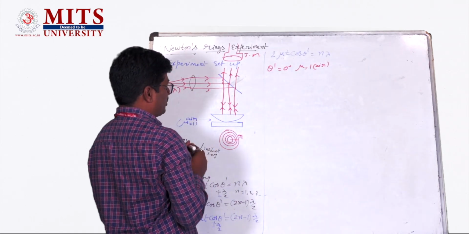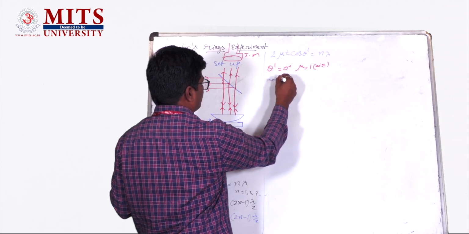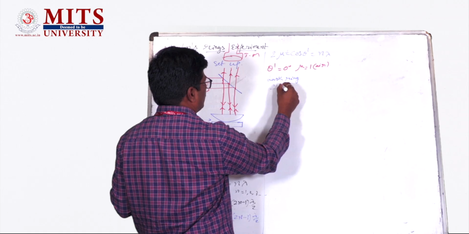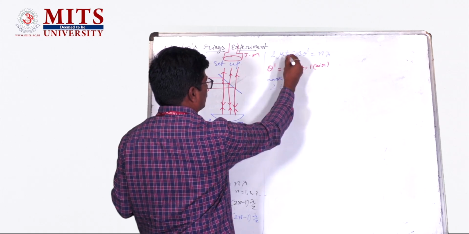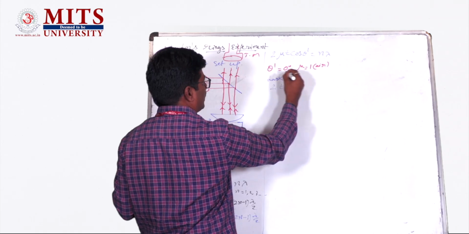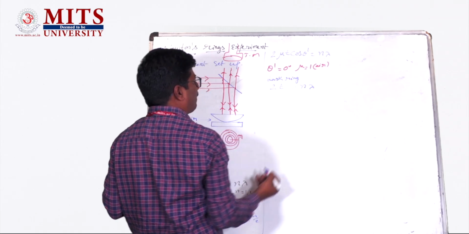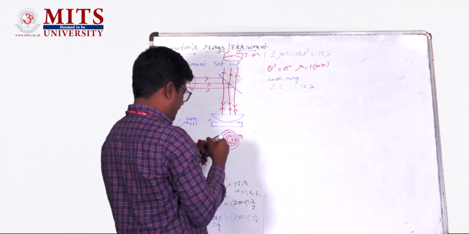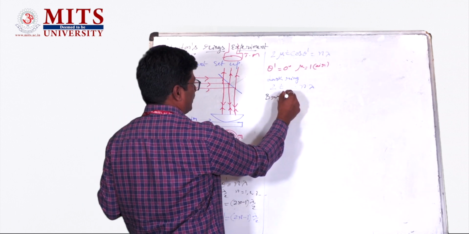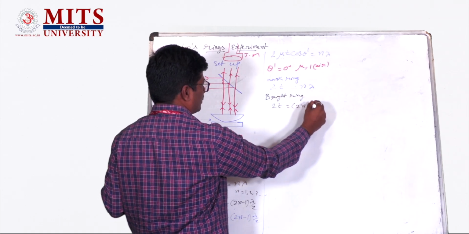So if you substitute these conditions for the dark ring, we get 2t, because mu is 1 and cos 0 is 1, so 2t is equal to n lambda. Suppose you take the bright ring, the condition will be 2t is equal to (2n minus 1) into lambda.